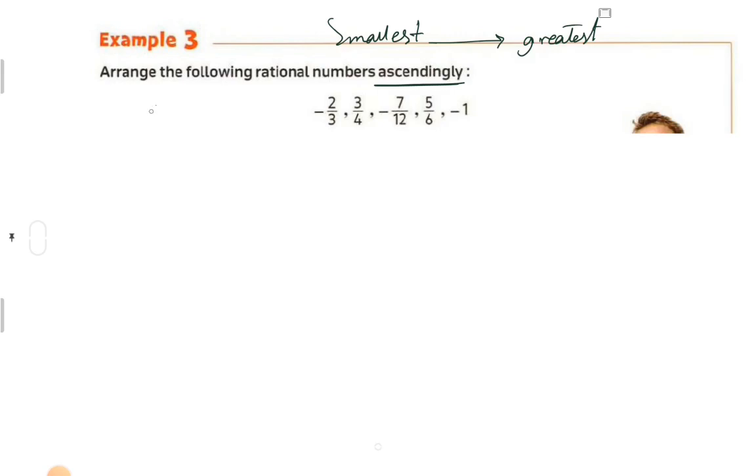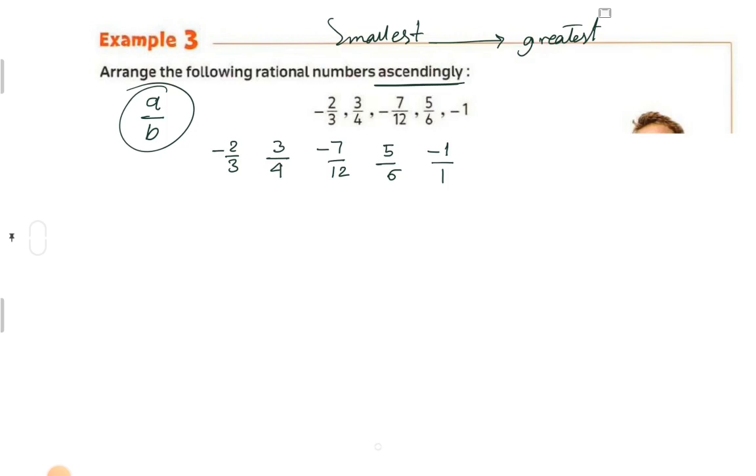Make all of them in the form A over B. I have -2 over 3, it's A over B. 3 over 4, -7 over 12, 5 over 6, all A over B. And -1 over 1. Any integer, its denominator will be just 1.